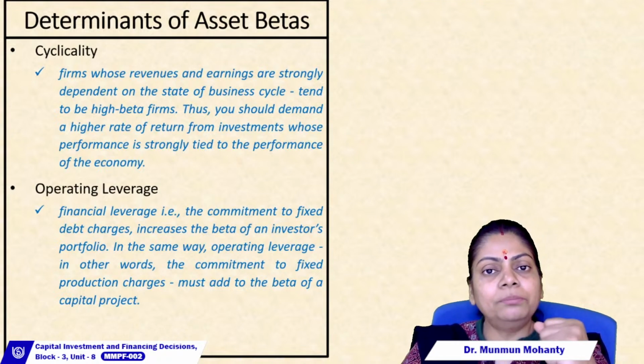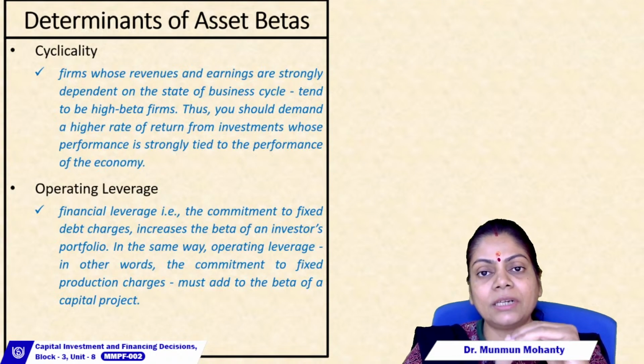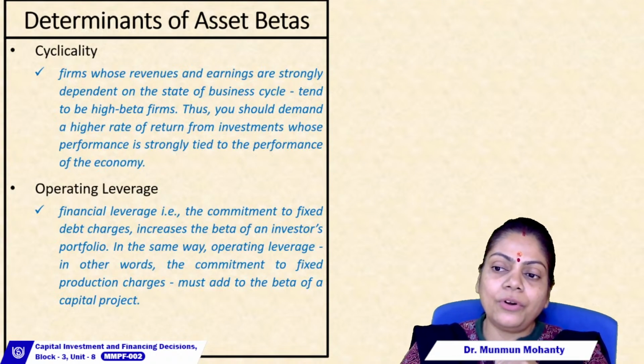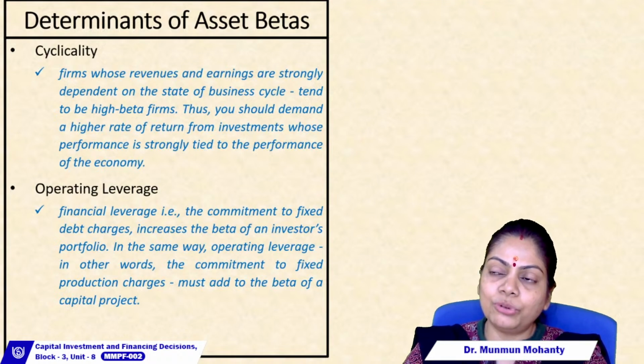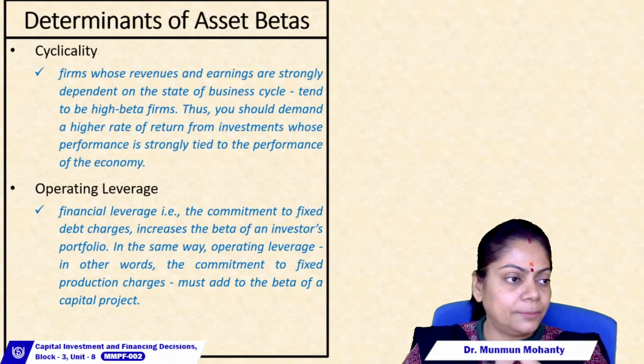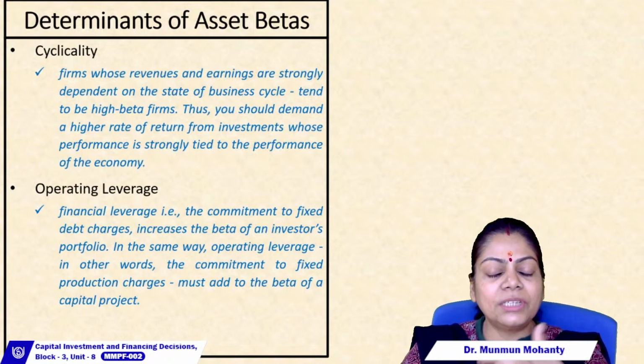Now, there could be companies whose earnings and profit figures are not that much affected by the business upswings and downswings. You could talk about companies like pharmaceutical companies, food processing units.